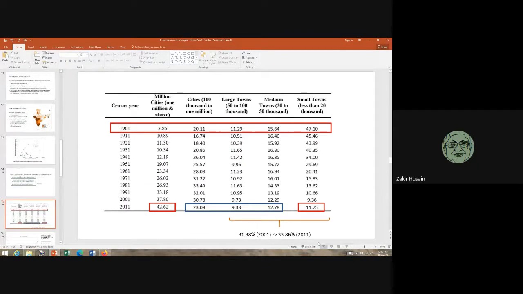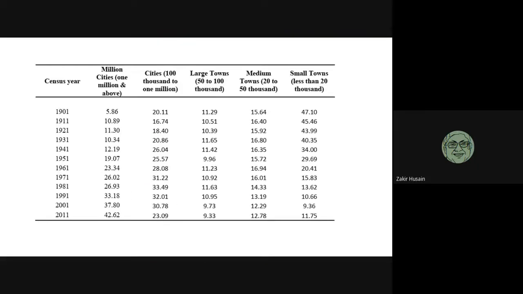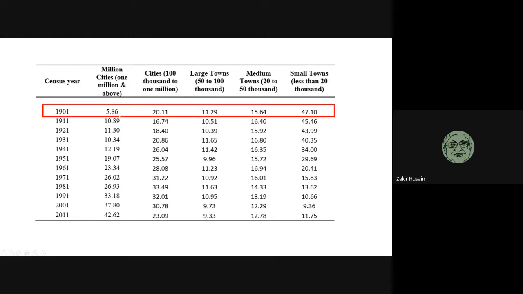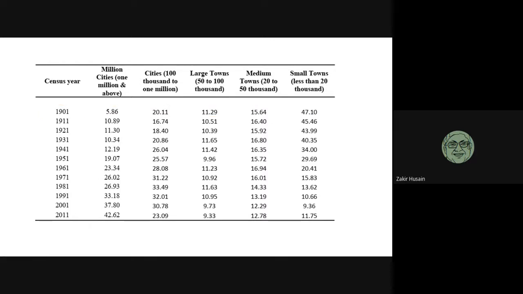Okay. So if you look at the population by categories, small towns, medium towns, large towns. So we have categorized the last 2 categories, 5 and 6, together. So the first thing, this is the starting point, and you can see that almost half of the urban population lived in the small towns with population less than 20,000.